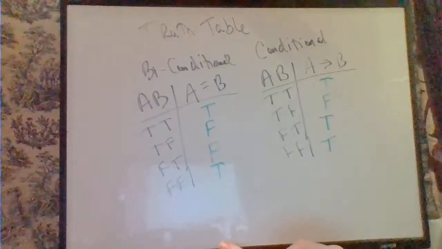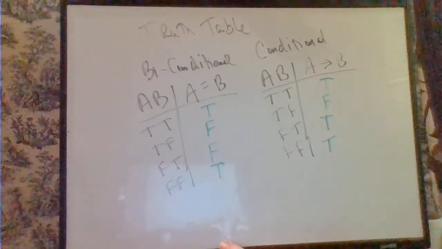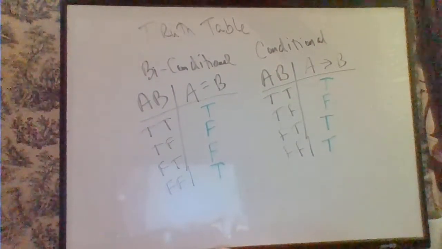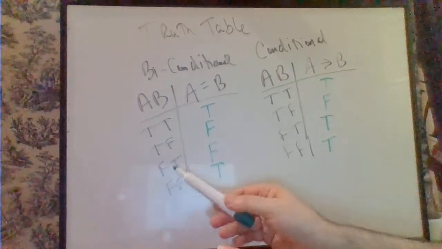Okay, so for the biconditional, you'll have these written out in front of you to use, but it's pretty easy to remember if you think about it in terms of that equal sign. Same value, true; opposite values, false.